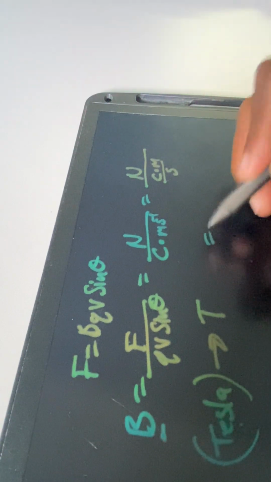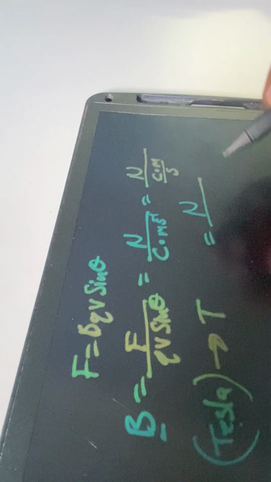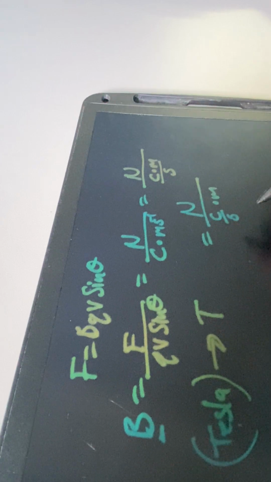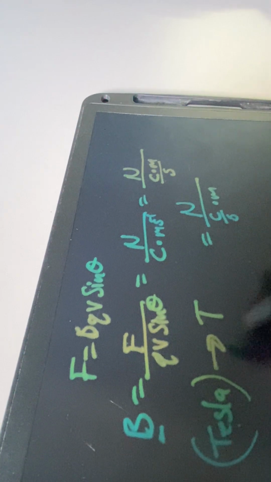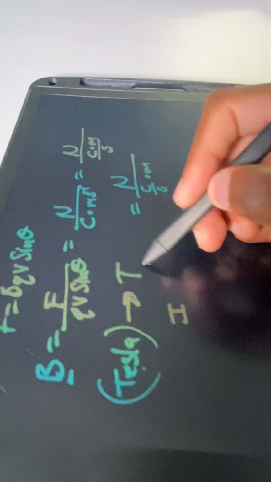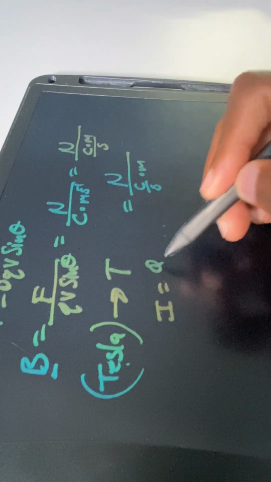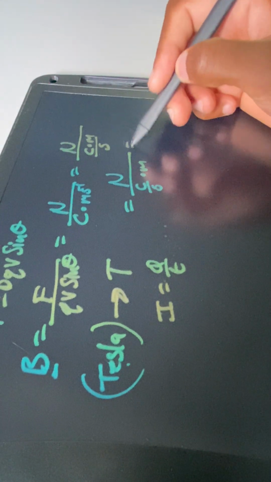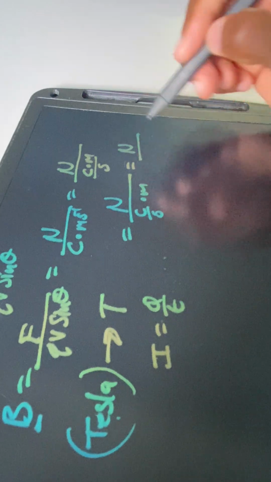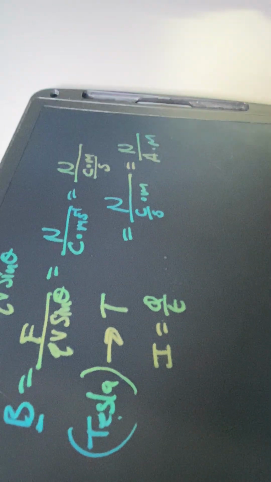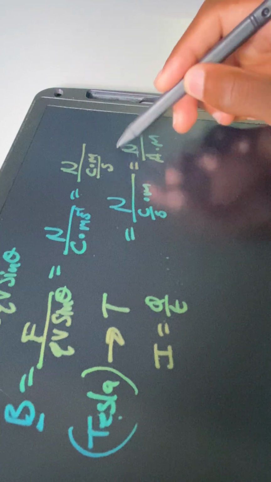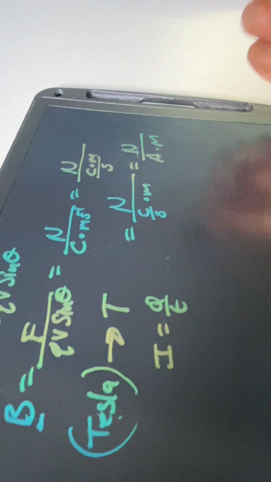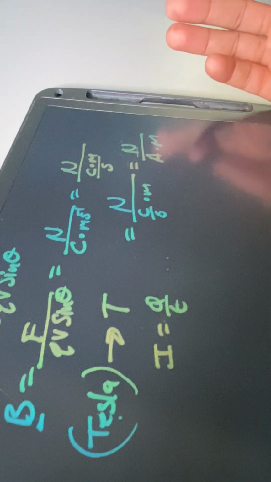From this, we can see coulomb per second times meter. Coulomb per second is current, because remember current I is equal to charge over T. So we can represent them as newton per amp per meter. Of course, we can also break down newton, because newton is a derived unit, in terms of mass and acceleration.